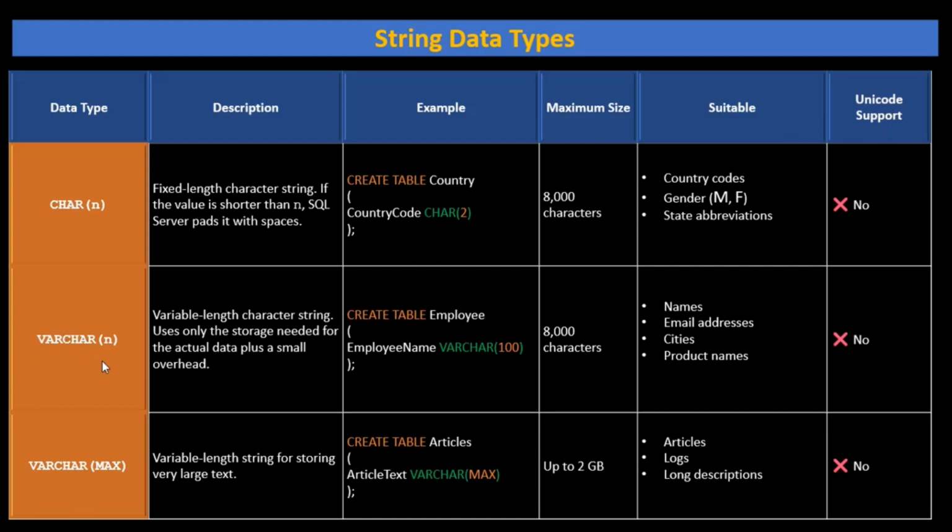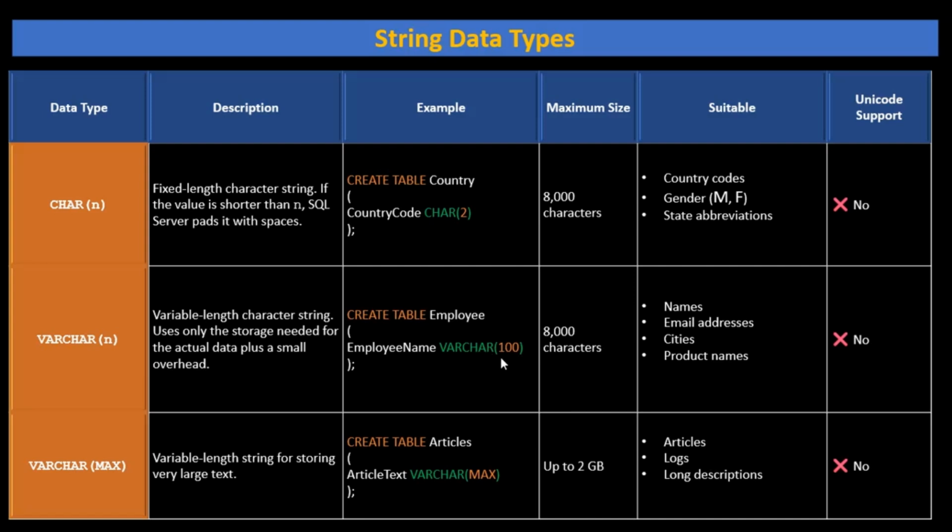The next one is varchar data type. Varchar is used for name, email ID, address, and also cities, product names. Means this varchar data type is generally used for information where the character length varies. It can also hold up to 8,000 characters. For example, employee name varchar(100) means employee name can be of 10, 12, 20 characters length.